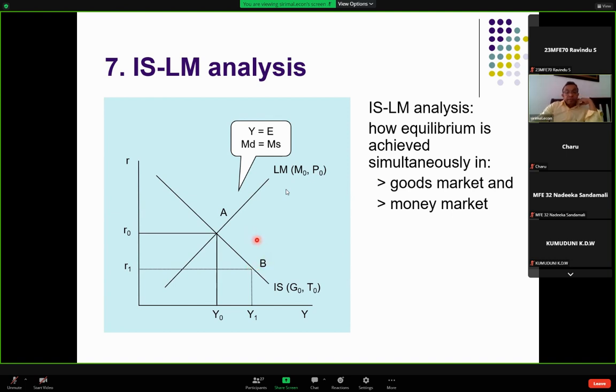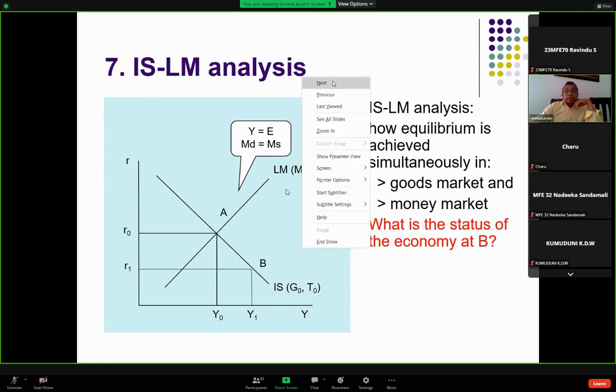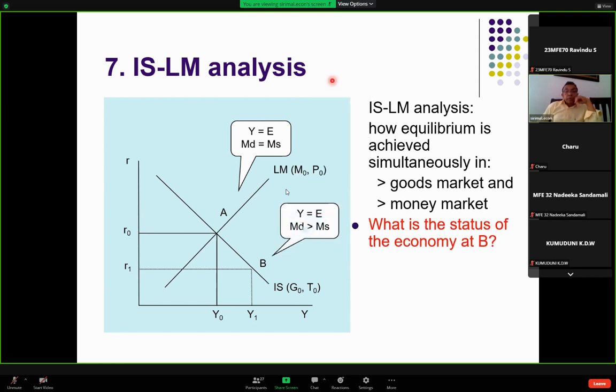What kind of disequilibrium is there in the money market? If you go back to our original money market analysis, you will understand that point B represents excess demand in the money market.